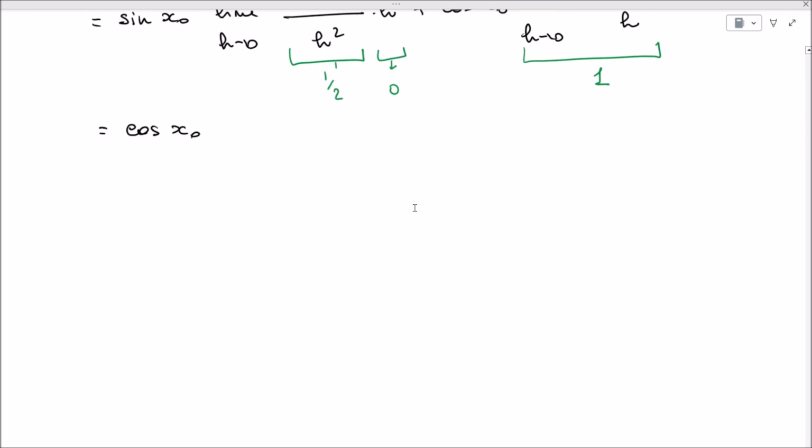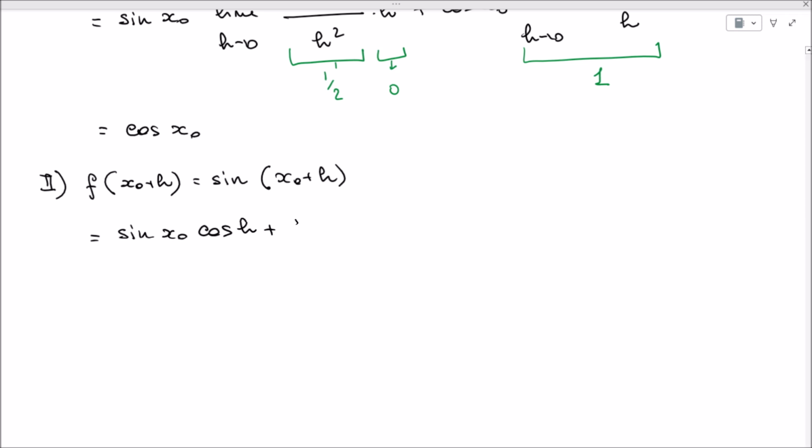Let's follow the other approach to compute the same derivative. So we need to find f of x naught plus h, which is sine of x naught plus h, equal to sine of x naught cosine of h plus sine of h cosine of x naught, equal to.